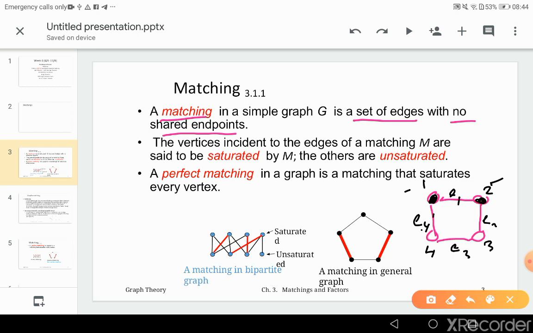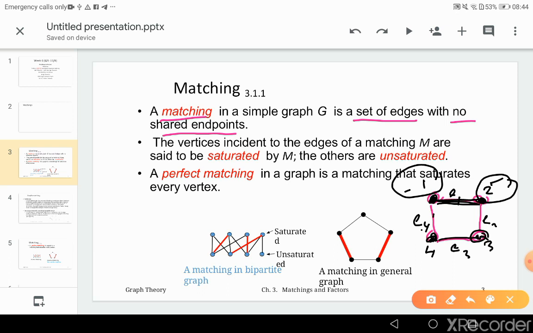Can you understand? So E1 cannot share these endpoints or vertices with E4 and E5. So E1 cannot match with E4 and E5, but E1 can match with E3, because vertices 4 and 3 do not share the endpoints of E1.